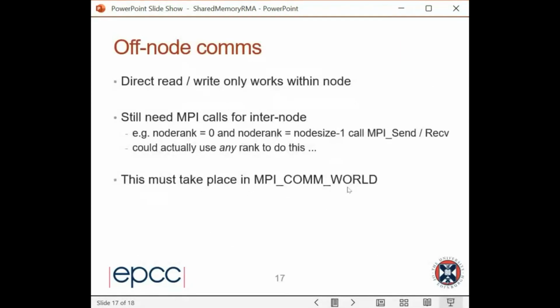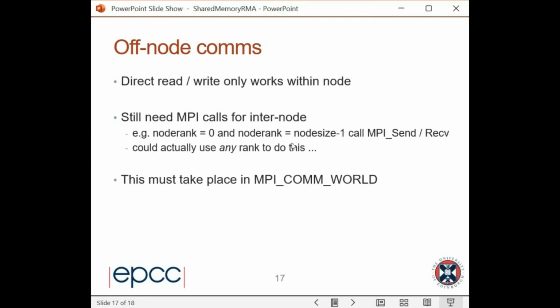So for the off-node comms, the direct read and write only works within a node. You still need MPI calls for internode. So you need to nominate a couple of ranks. Because every rank has access to all the data, any rank could do the send and receive, but the natural thing is for rank 0 to send off its boundary data left to right, and the highest rank, 127 on ARCHER2, to send its data the other way.